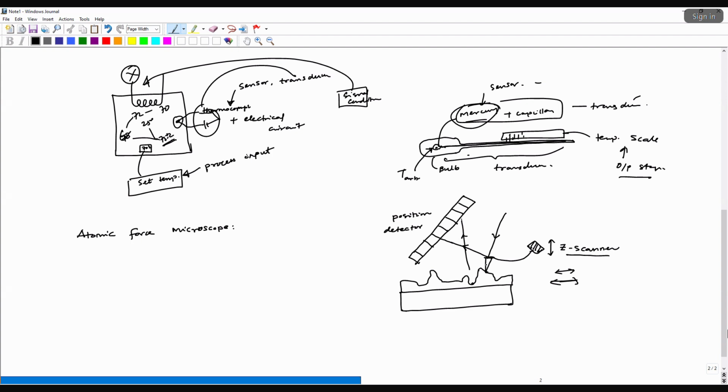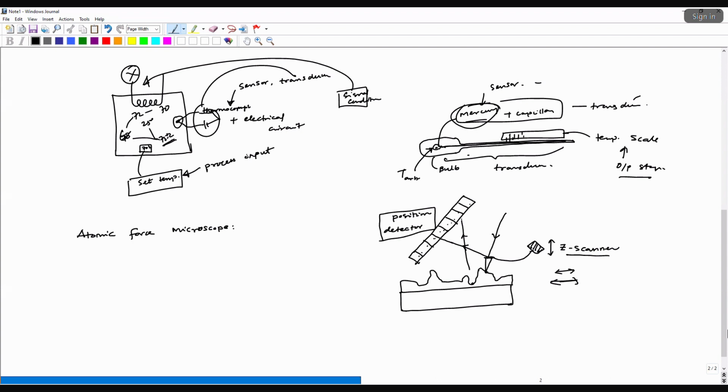Depending on the topology, the reflected light will fall on different detectors. Depending on the profile, the detector on which the light falls is going to be different. So the detector detects the position of the tip of the AFM. The photodetectors convert this into an electrical signal.